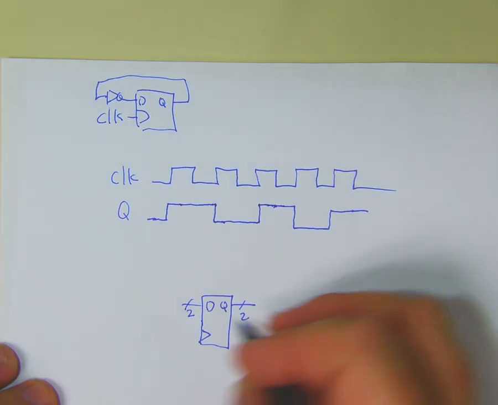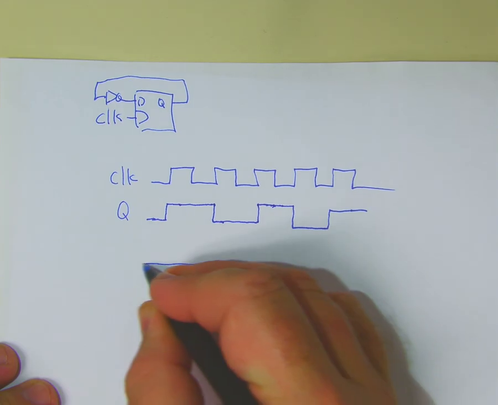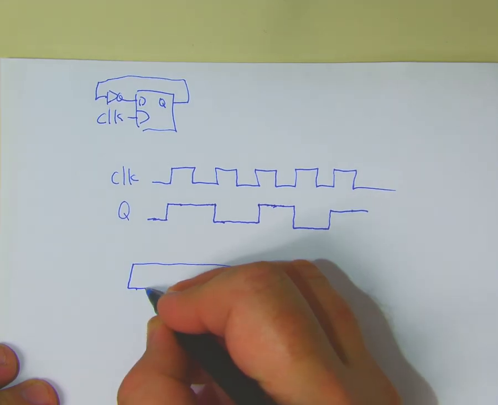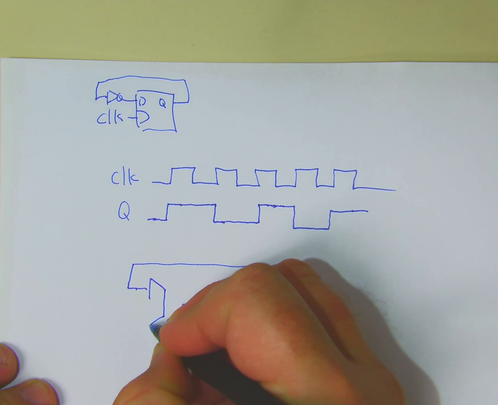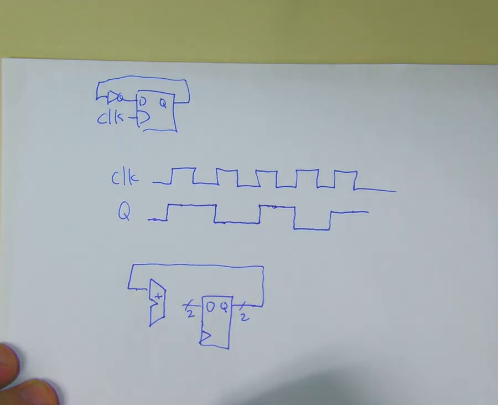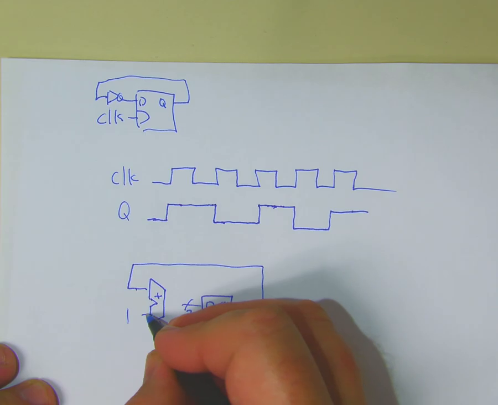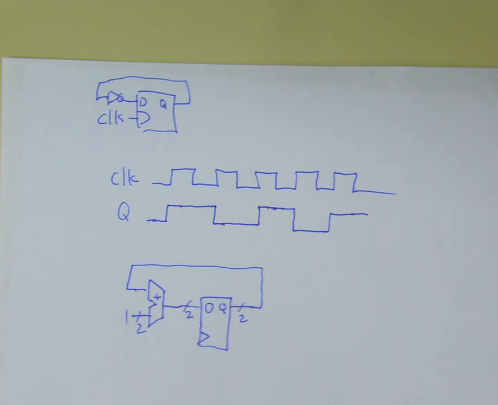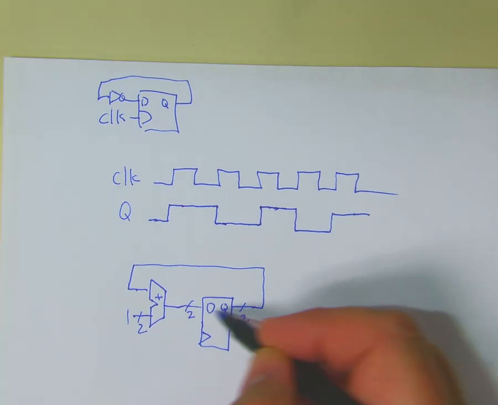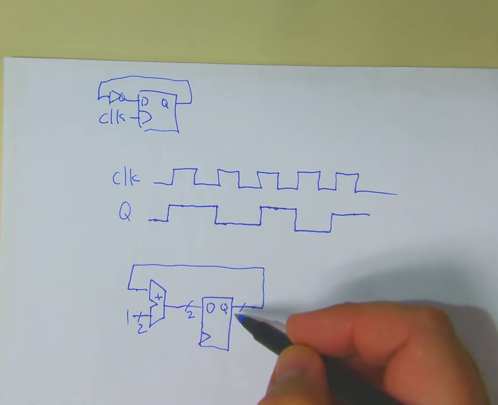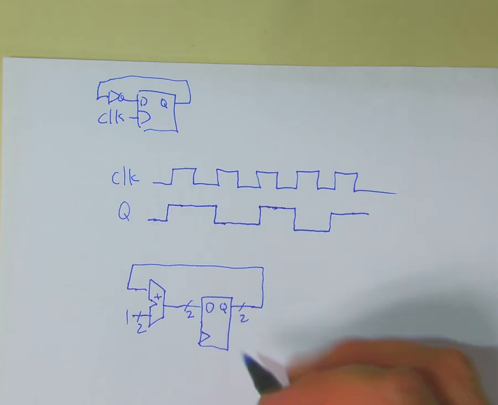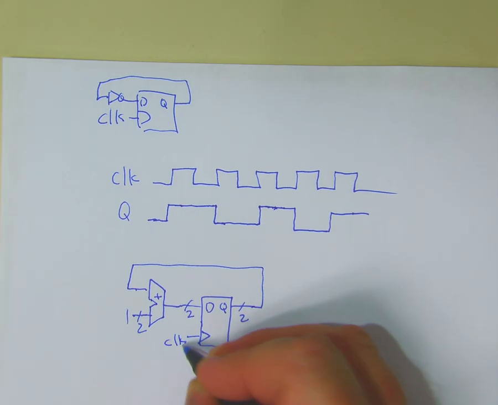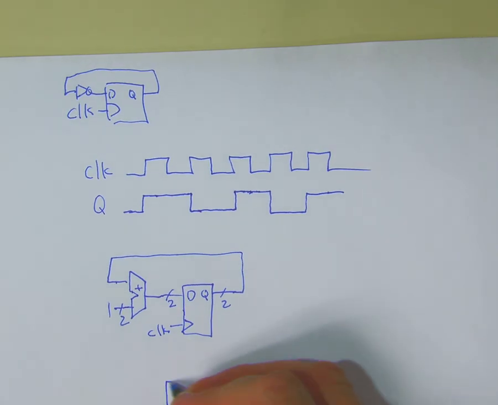And imagine I took Q and wrapped it around and went into an adder and added the number 1. Does that make sense? So this is a 2-bit number. That's a 2-bit number. We all agree? So when this sees a clock pulse, we've again got our clock.